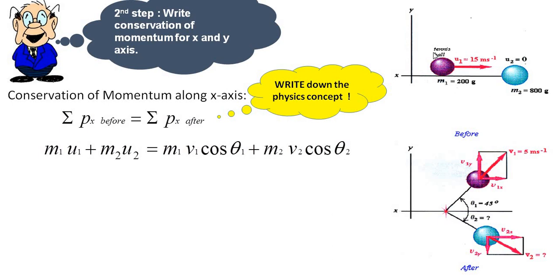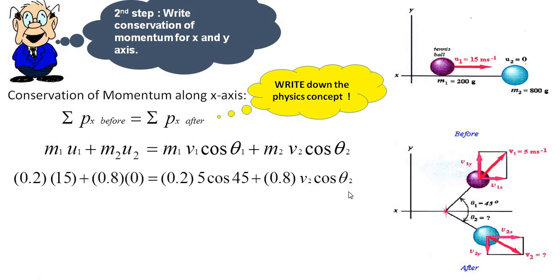We have m1 u1 plus m2 u2. Then after collision, since the collision occurs in 2 dimensions, we must resolve velocities into x and y components. In the x component, the momentum for ball 1 is m1 v1 cos theta 1 plus m2 v2 cos theta 2.